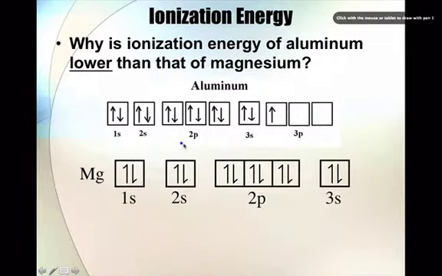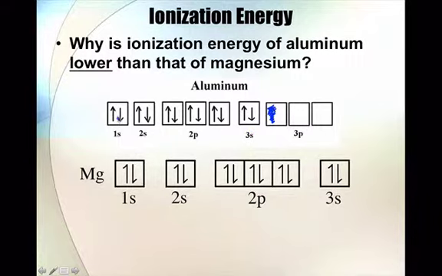And the same trend you can notice here for aluminum and magnesium. Magnesium has a full 1s, 2s, 2p, and 3s. Aluminum has a full 1s, 2s, 2p, and 3s, but it has this extra electron in the 3p. The ionization energy is lower for aluminum because it's okay giving up that electron right there, because that makes aluminum more stable.